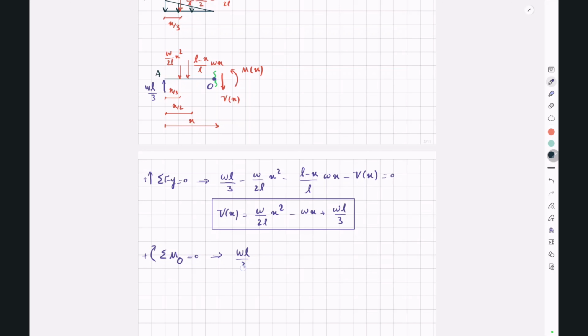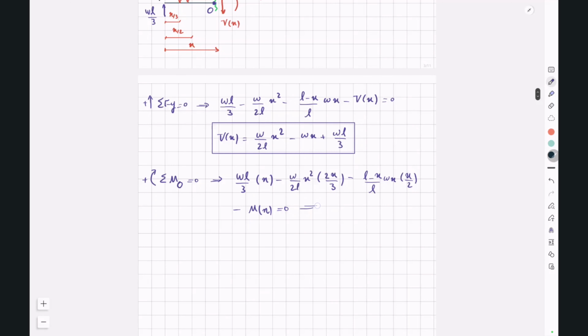And if we write sigma M around this point O in this positive direction, we have WL over 3 multiplied by x minus W over 2L x to the power of 2 multiplied by this distance, which is 2x over 3, minus this force multiplied by this distance, which is x divided by 2, minus Mx is equal to 0.